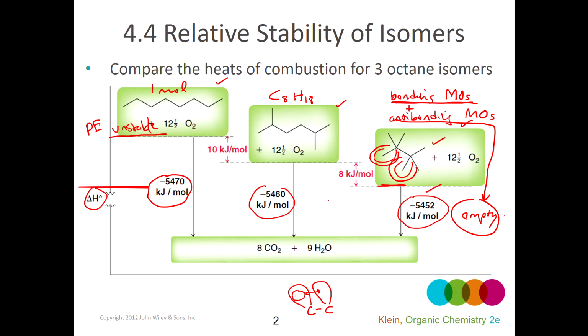Also wanted to mention, in some of your quiz answers, I noticed that some of you talked about intermolecular forces. And that is a reasonable thing to consider, but if you recall, the straight chain molecules, being longer and having more surface area than the more compact branched structures, actually are more stabilized by their intermolecular forces.